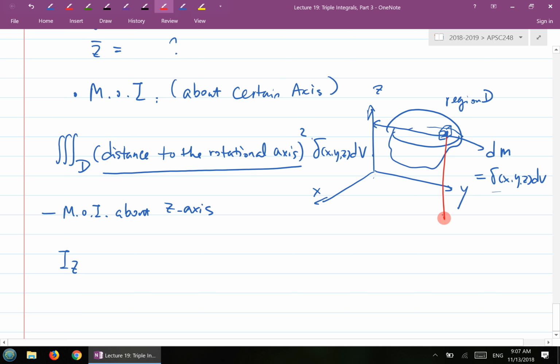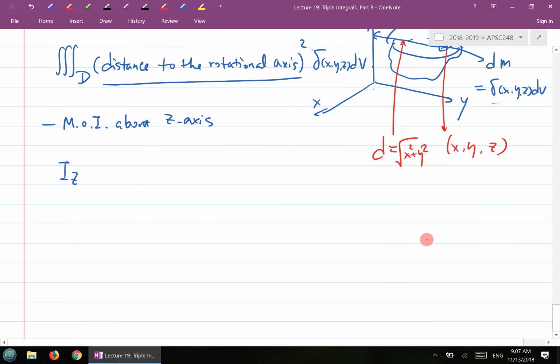The distance is the square root of x squared plus y squared. That's the distance, and I'll demonstrate a little bit more here.